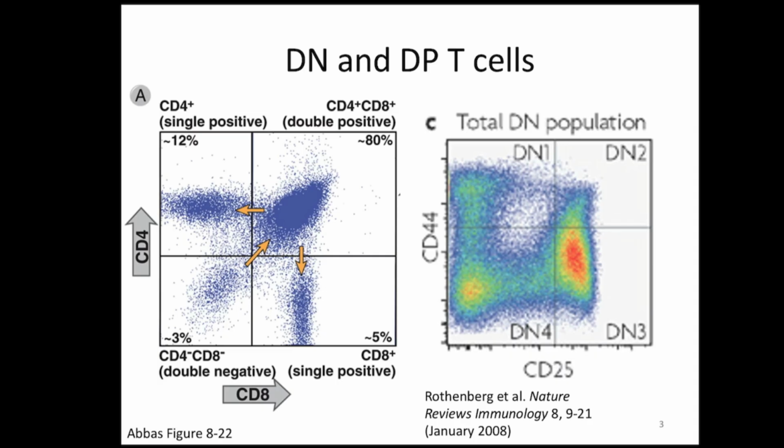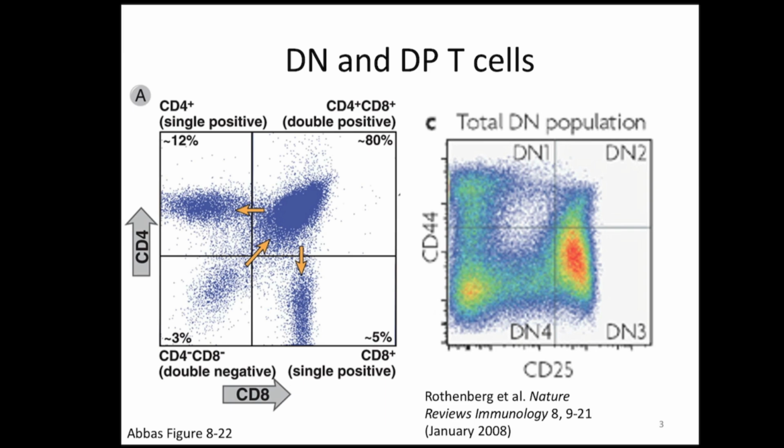While in my life I have spent lots of time thinking about the importance of CD44, you don't have to care about CD44. You just have to know CD44 is one of the things we use to divide up our double negatives into subgroups. And so one subgroup is the CD44 positive, CD25 negative population of double negatives.